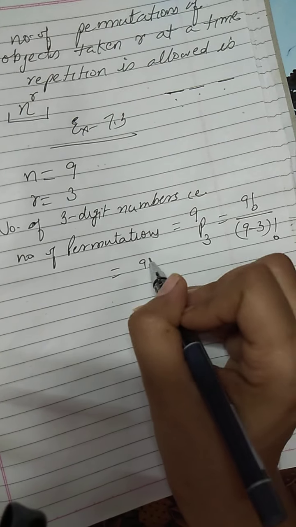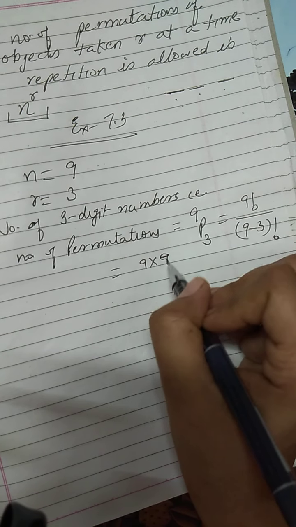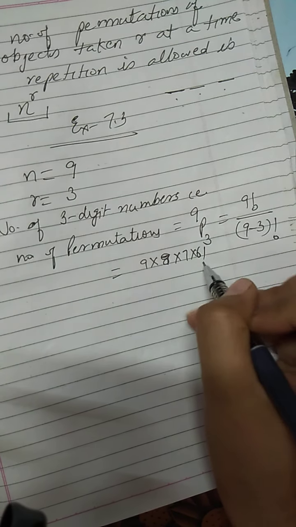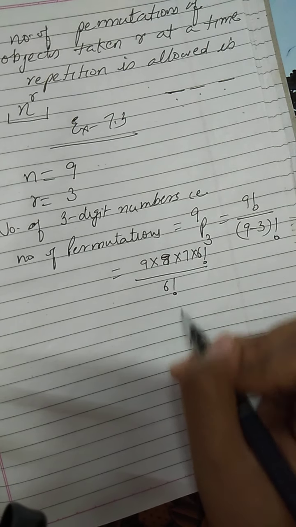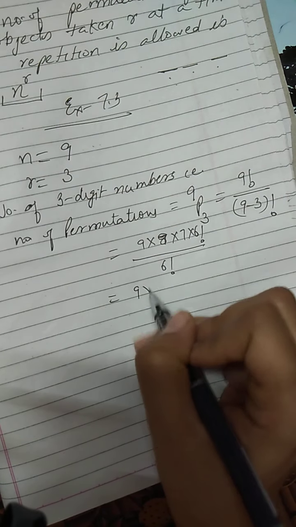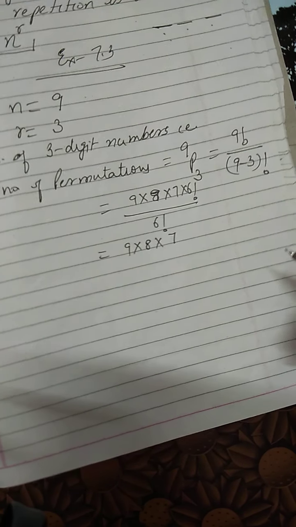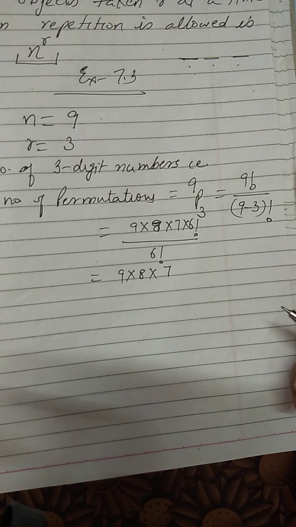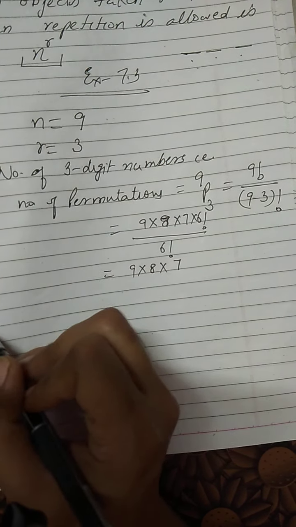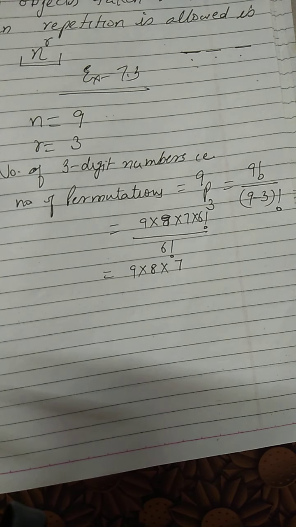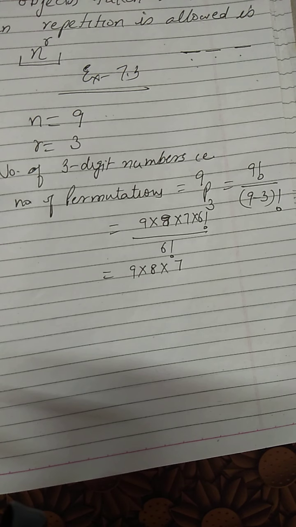This equals 9 into 8 into 7 into 6 factorial divided by 6 factorial. So the answer will be 9 into 8 into 7. That will be the total number of permutations. The same thing you can do in the second sum and in the third sum.